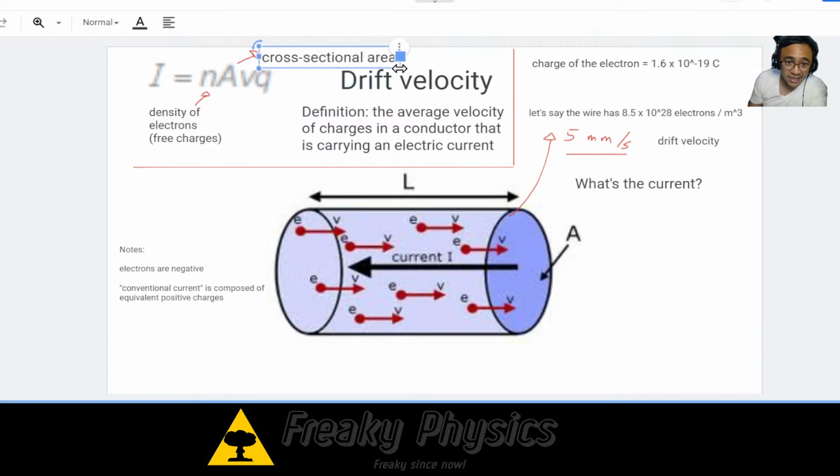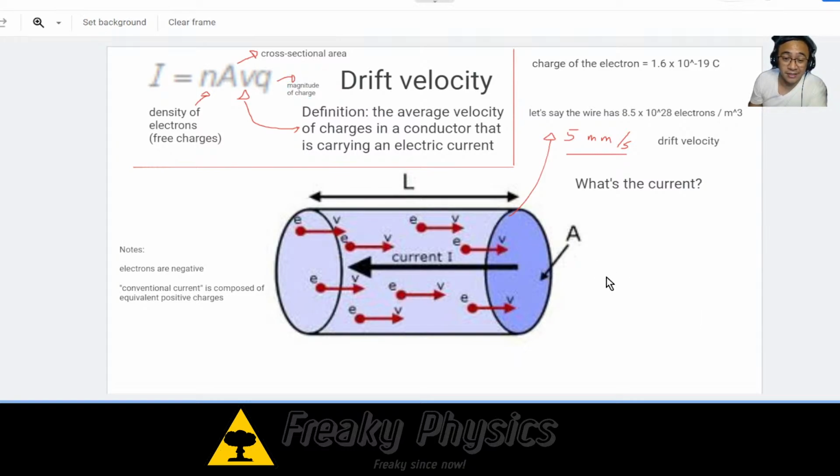No, that's A. A in this case is right here, this region here. V is the drift velocity, and Q would be the magnitude of the charge. In this case, the charge of the electron, right? Magnitude of charge.